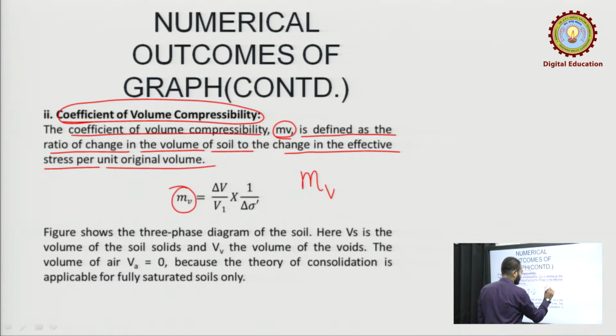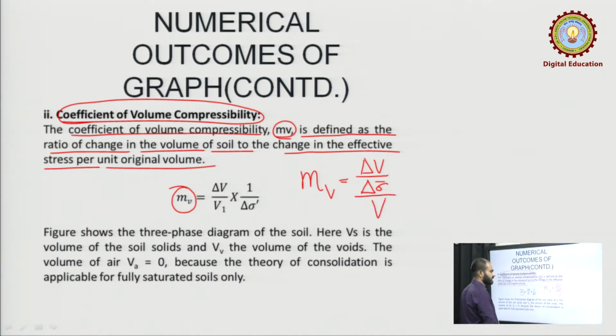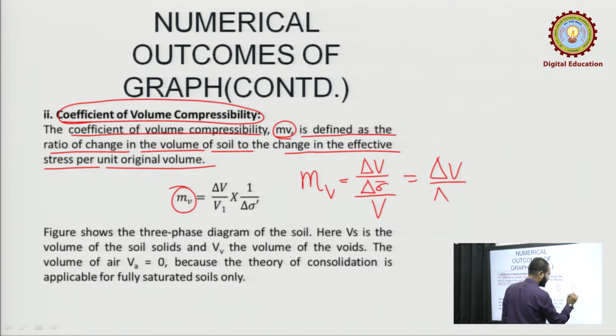By definition, m_v is the change in volume of the soil to the change in effective stress per unit original volume V1. You can also write it as delta V upon delta sigma bar into 1 by V1.